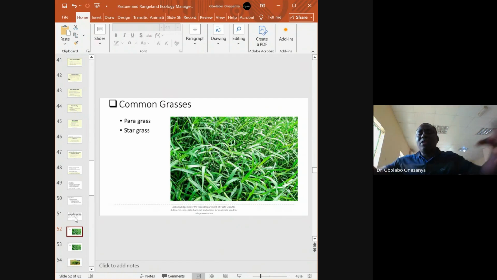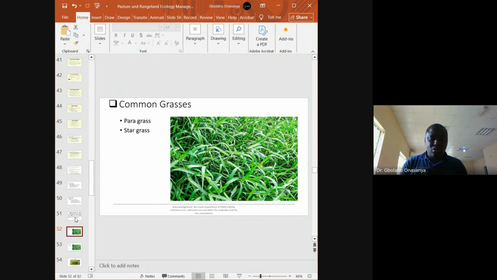So grasses form the bulk of the feed for animals, because it's the larger component that supplies energy, while legumes supply protein. What are examples of legumes? Stylosanthes gracilis, Calopogonium mucunoides, Centrosema pubescens, and a whole lot of them.